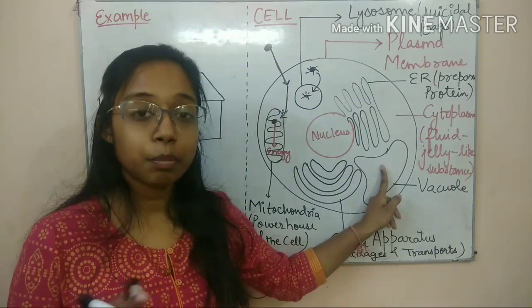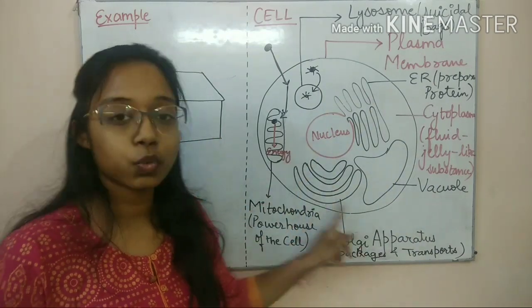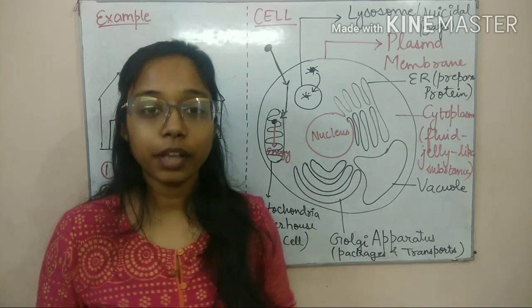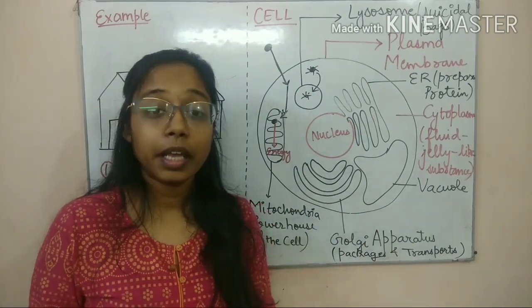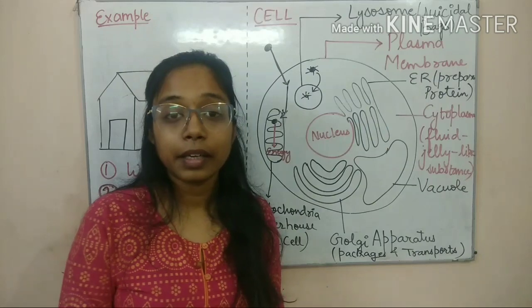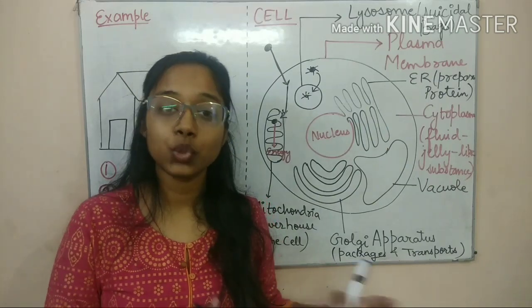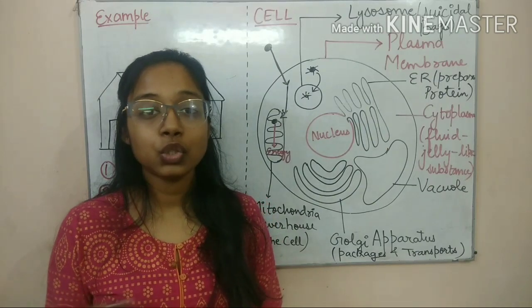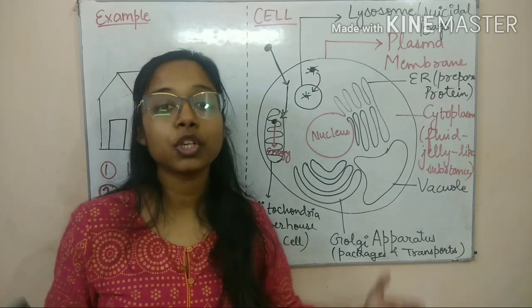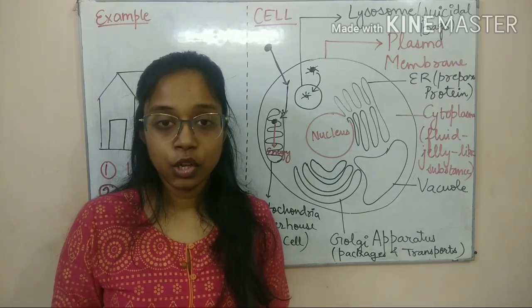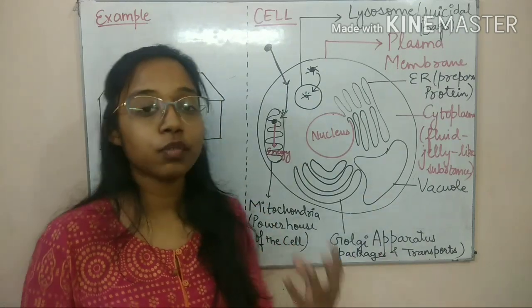That is why in plants the size of the vacuole is very big, whereas in other organisms like us, or any organism that can move from one place to another, there is no such need of storing so much food material. So in them the vacuole is of small size.